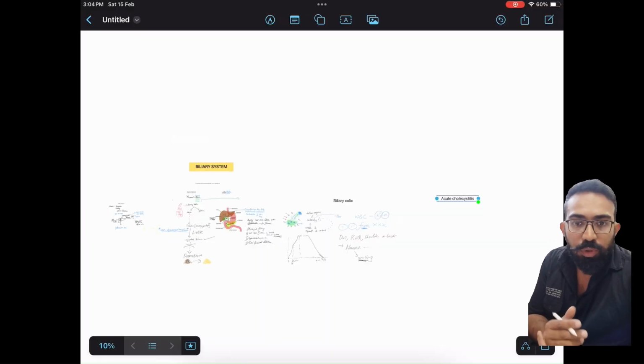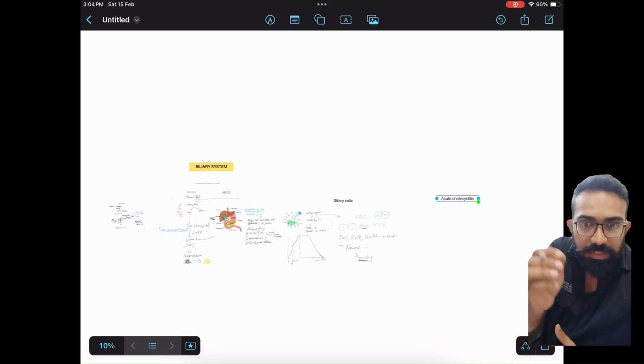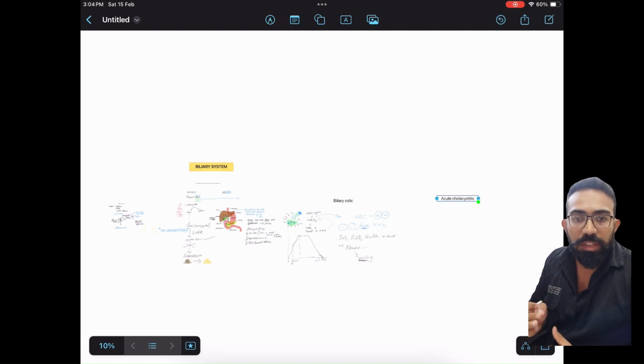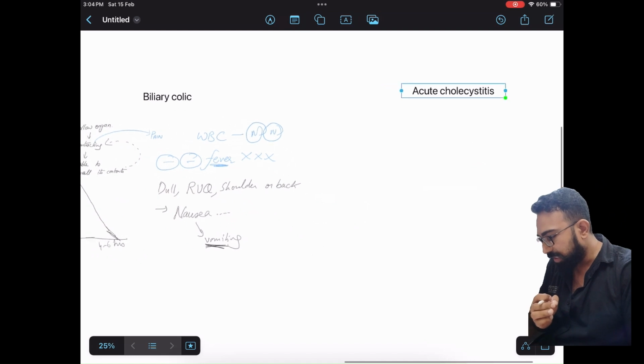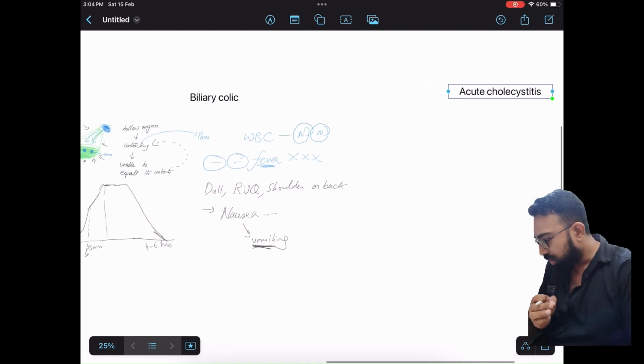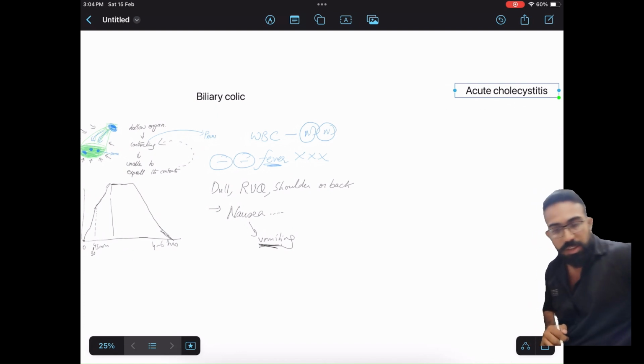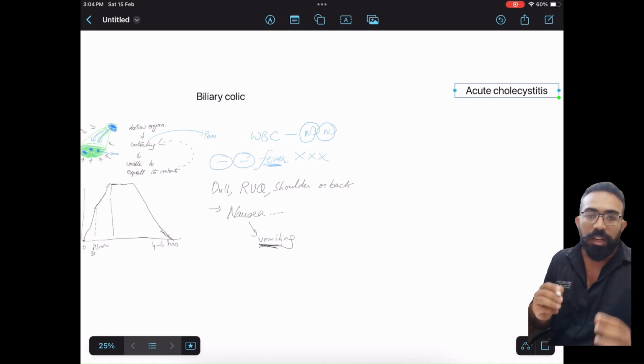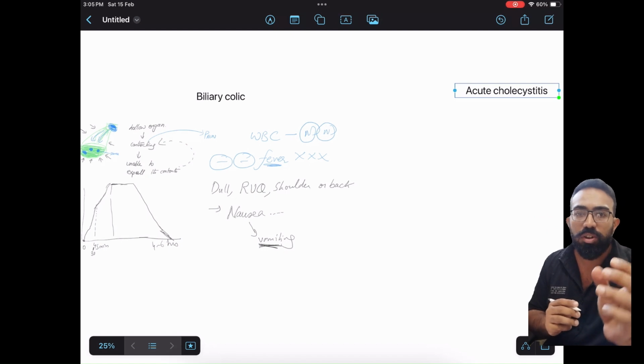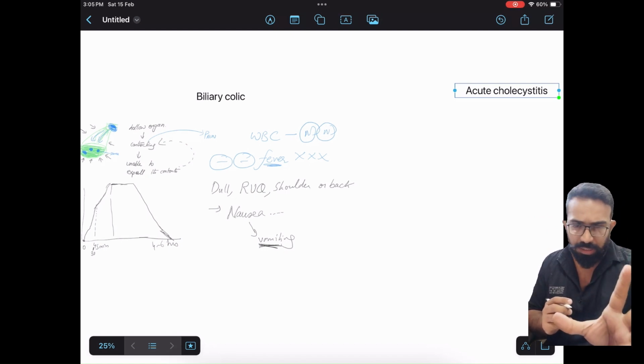Now that I have told you what is biliary colic, let's move on to the next step, which is acute cholecystitis. If you remember, in biliary colic there is a gallstone because of stasis. It is obstructing the neck of the gallbladder or the cystic duct.